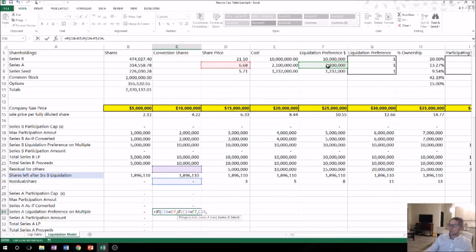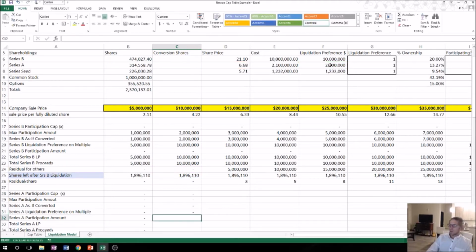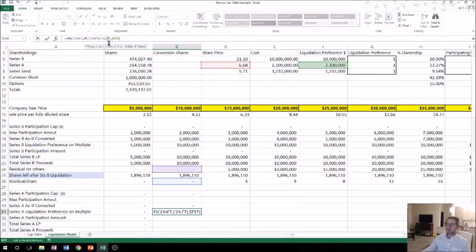Otherwise, give us our liquidation preference dollar amount. And then comma, close it out, then F7 to round out the formula. And that is right. So we need to go in and lock in F7 here, F7 here, F7 here, and D7.